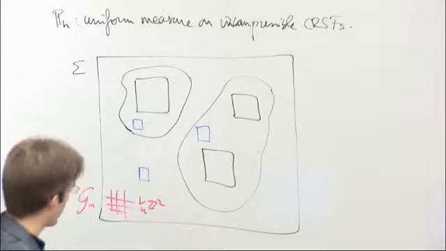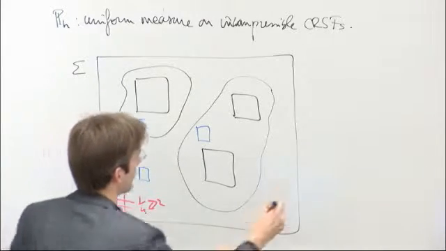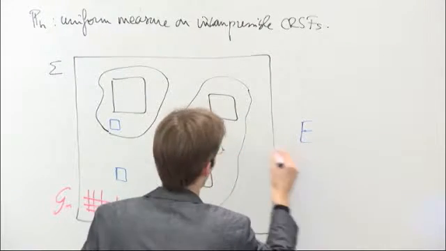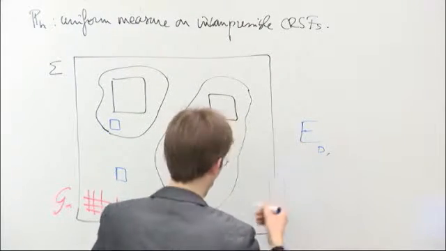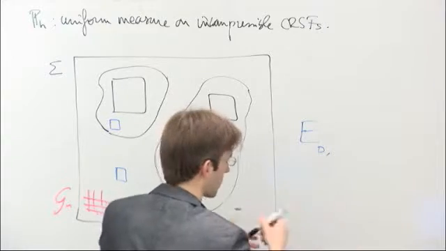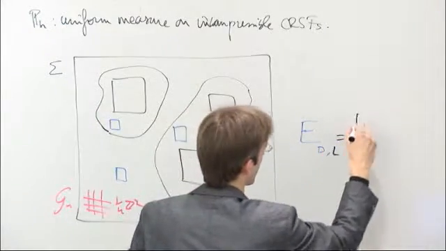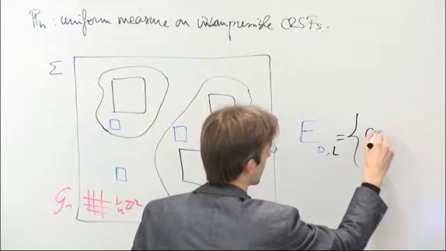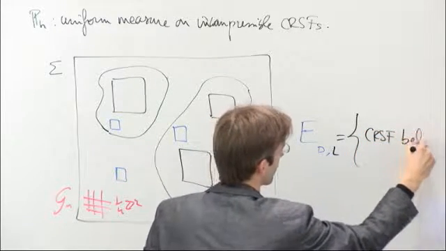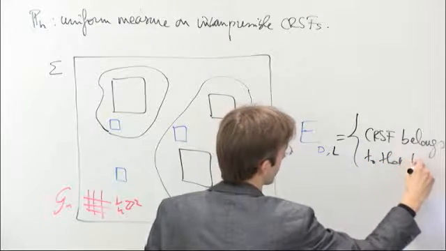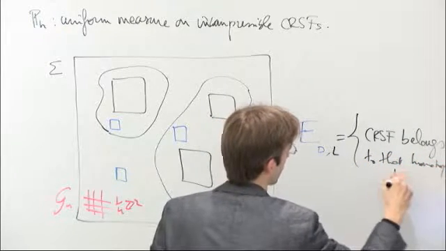And the cylindrical event E depends on the blue squares and on some lamination, so some homotopy type with respect to this topology. It's just the event that the CRSF belongs to that homotopy type.